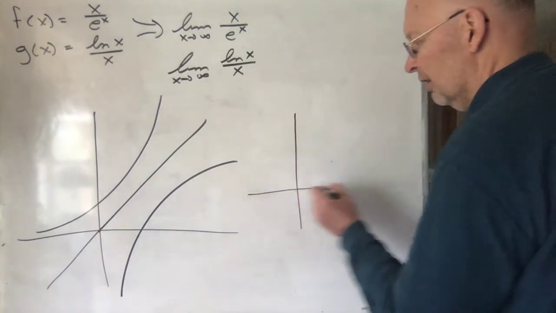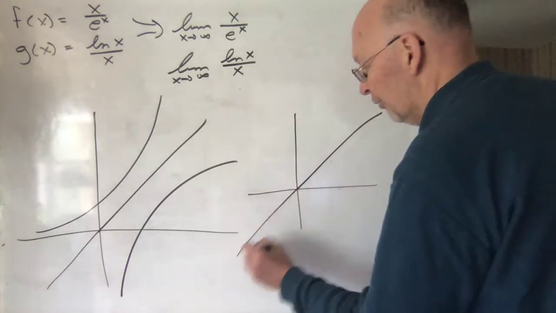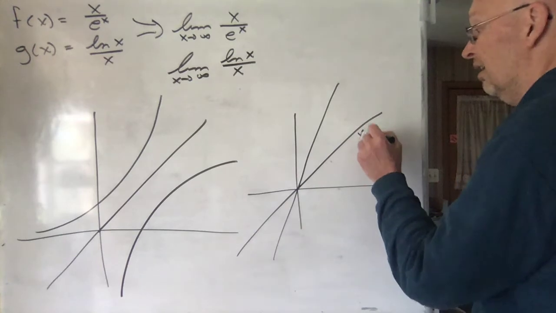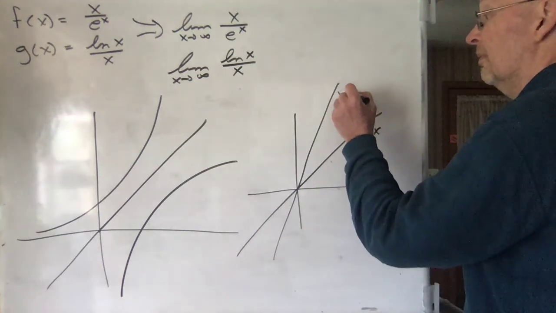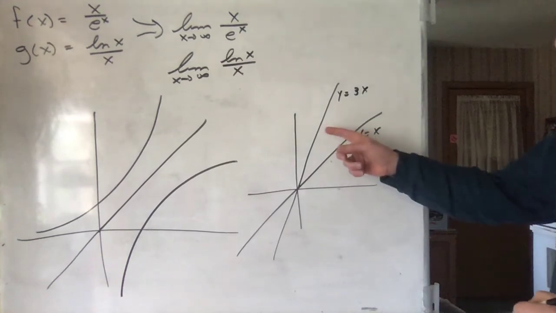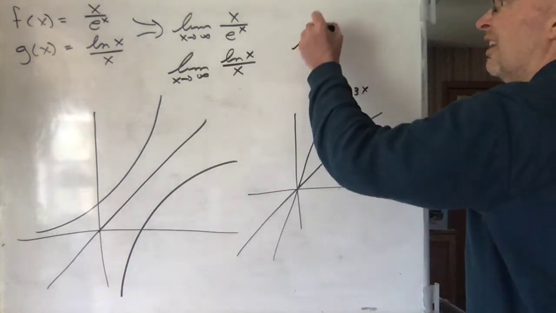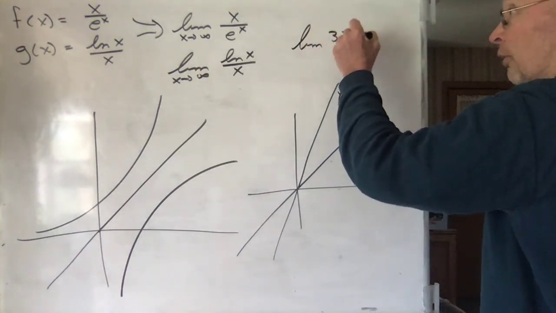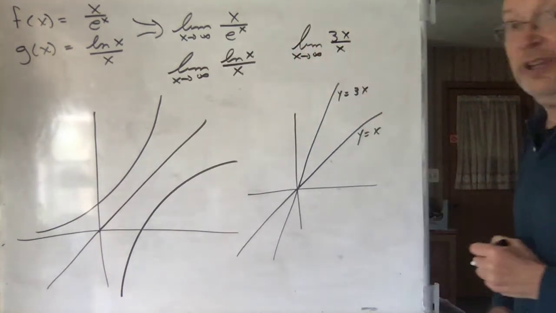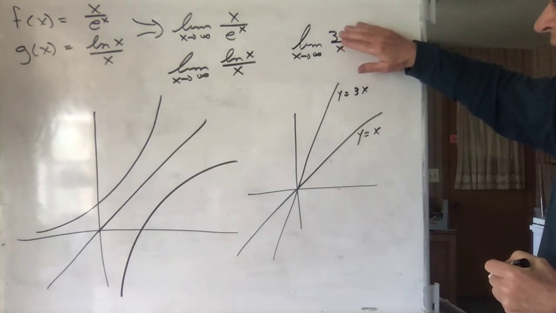In particular, if we look at x and 3x, then we notice that this one is obviously getting bigger than this. But this particular one we can figure out, right? As x goes to infinity, we can just divide through by the x's, and the answer is 3.